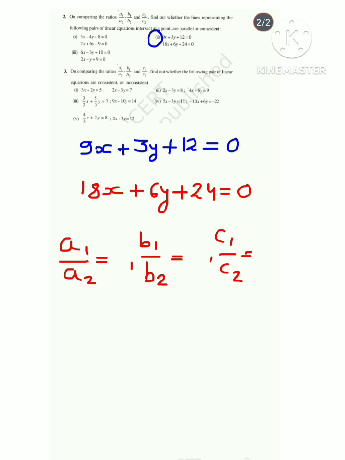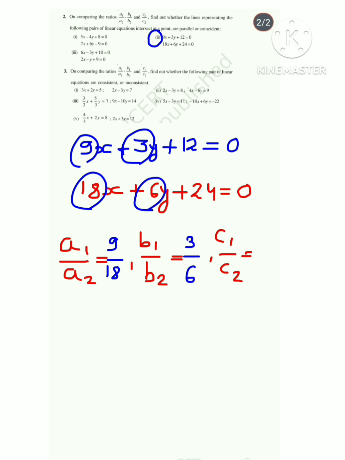Okay, here A1 equal to 9, A2 equal to 18 and B1 equal to 3 and B2 equal to 6. Similarly, C1 equal to 12 and C2 equal to 24.